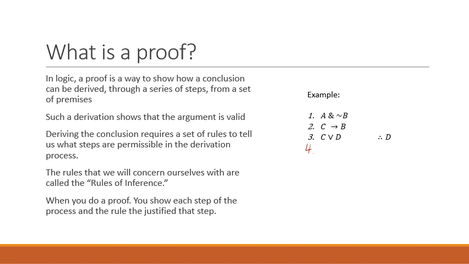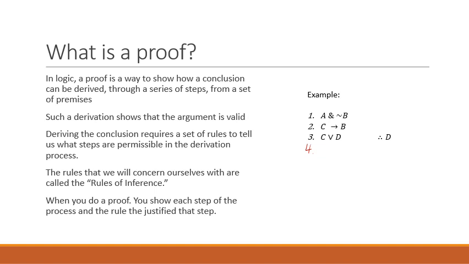So for instance, one of the rules that we're going to discuss is a rule called simplification. And what simplification lets you do is take any conjunction and break it apart. So line 1, or premise 1, is a conjunction.